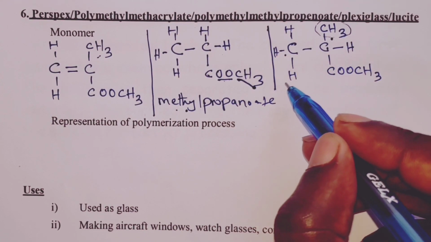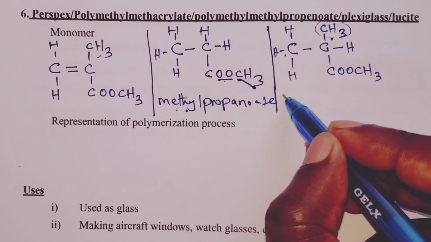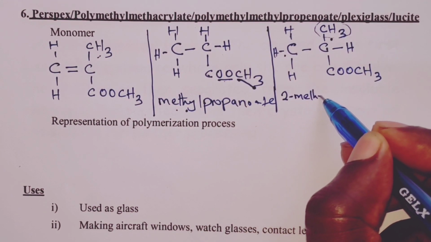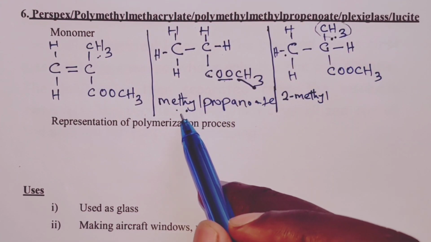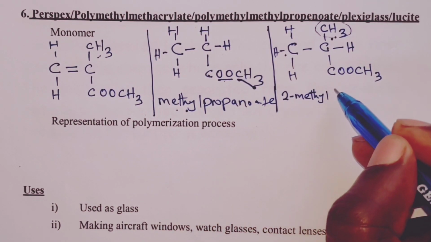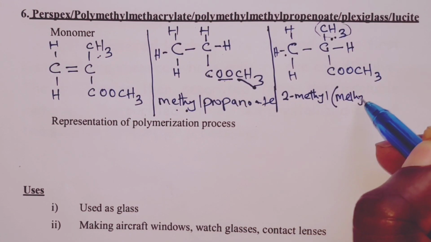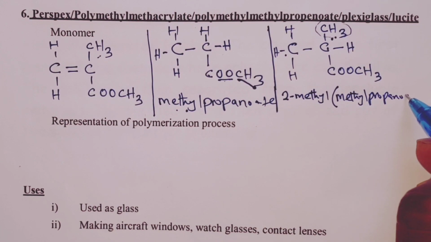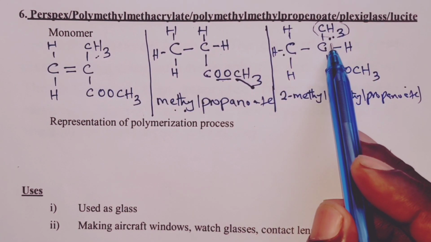As usual, we begin with naming the branch. So my branch is a methyl group on carbon number 2. So I have 2-methyl here, and then the name will be similar to the one I have for structure 2. So this would be 2-methyl methyl propanoate. That becomes the name if I introduce a branch on carbon 2.